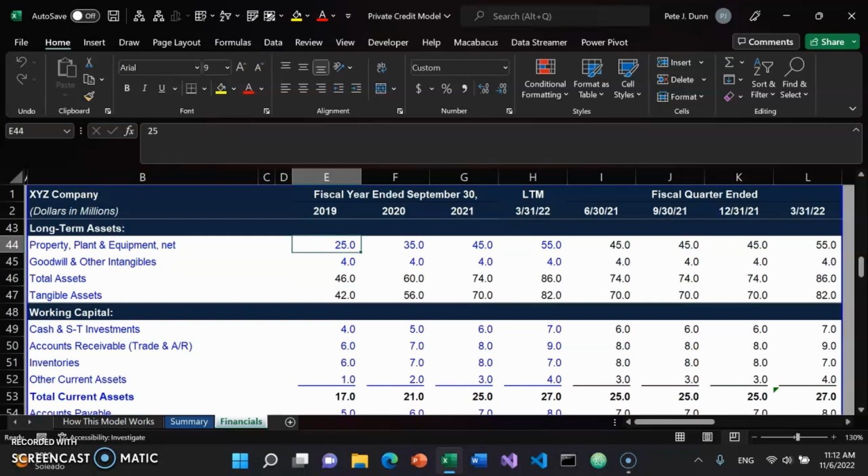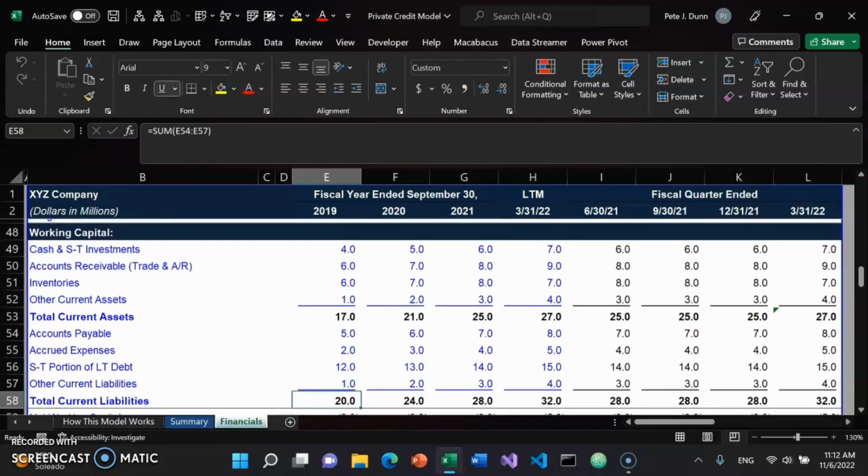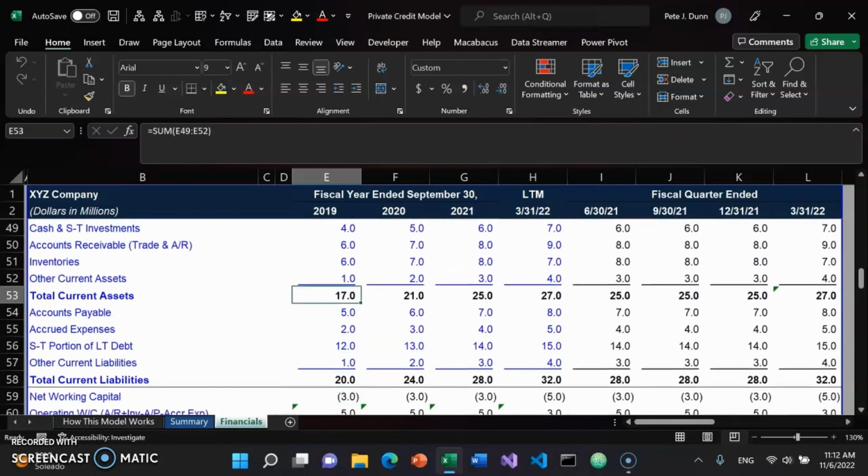Then I have long-term assets, property, plant, and equipment, goodwill, and then the total assets is all of those plus current assets. Tangible assets is just equal to the total minus the intangibles in row 45. Then I have these working capital items, sum those up to get current assets.